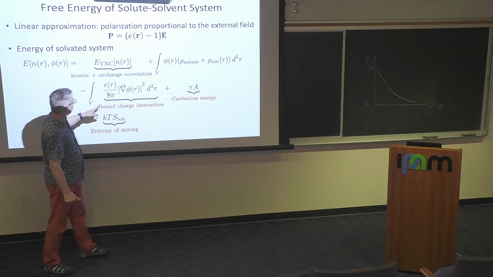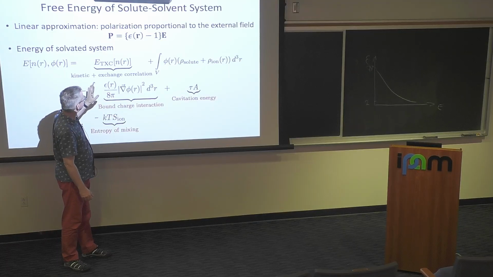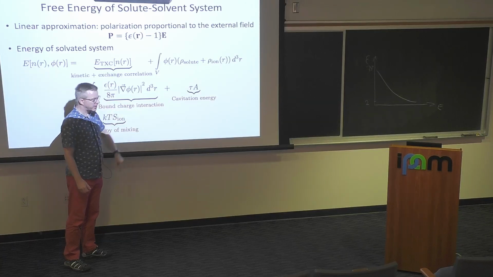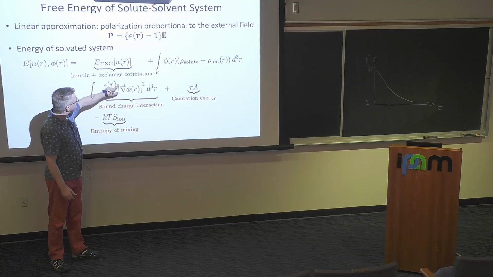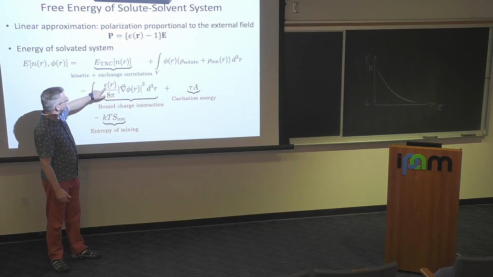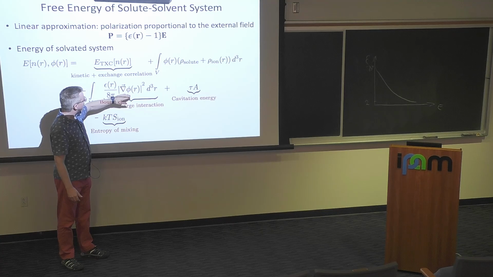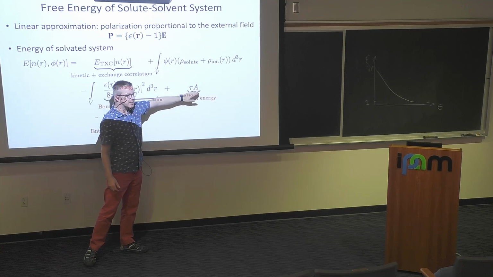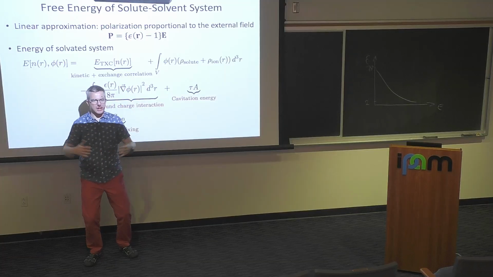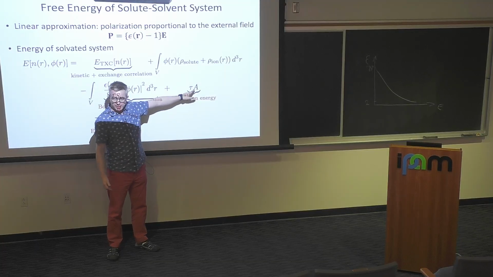I have the term for the interaction in my dielectric. This is called the bound charge interaction. My polarizable continuum here has an energy of epsilon r times the electric field squared. And then I have my cavitation energies typically in there. This is how large I make my cavity. If I make it larger, I'm assuming right now that the cavitation energy just depends on the surface area.